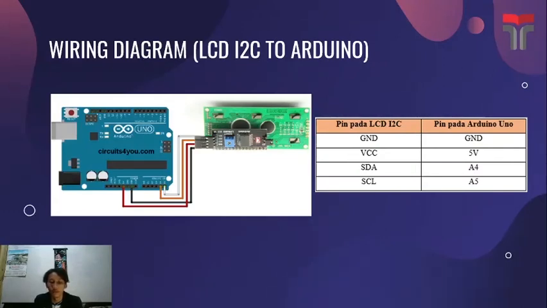Then the SDA and SCL pins of the LCD are connected to pins A4 and A5 respectively on the Arduino. This is the picture of the wiring diagram of LCD I2C to Arduino.